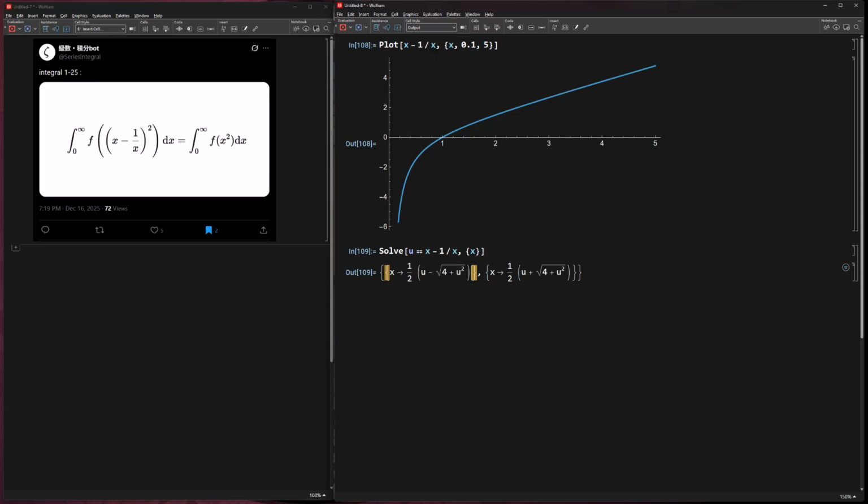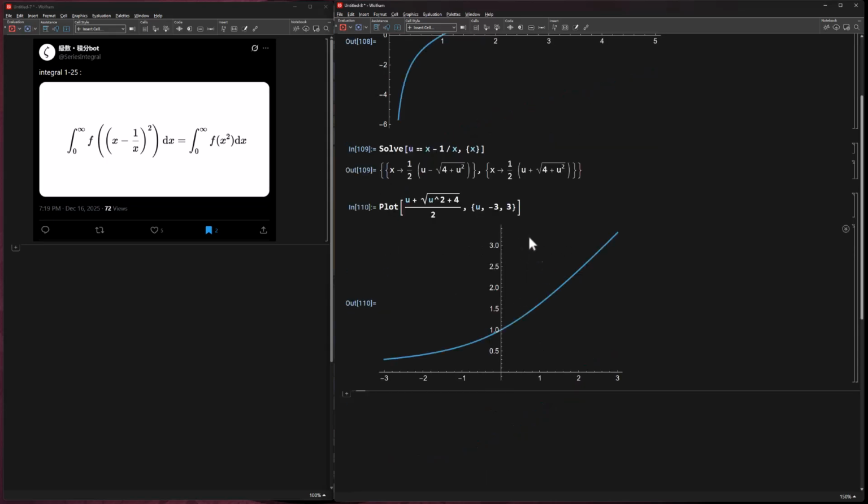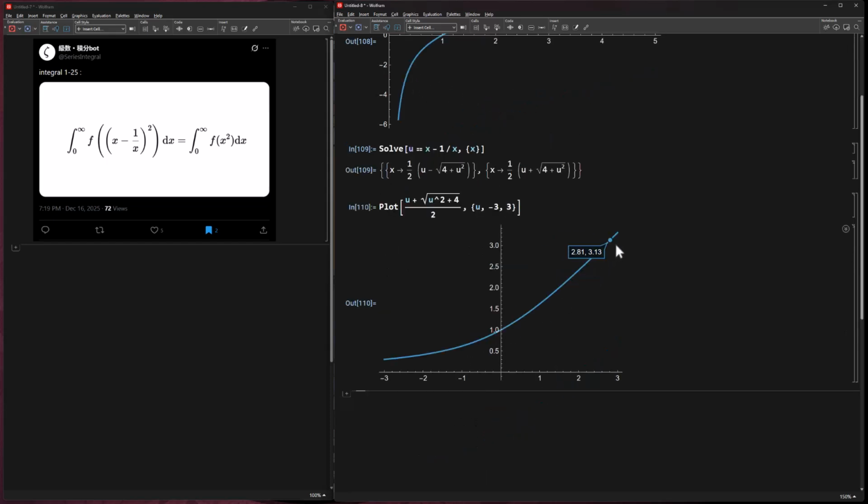So this function should look like this, which means we choose this part. For example, as you look at the y-axis going from minus 3 to positive 3, the reflection of this curve should look like this part.